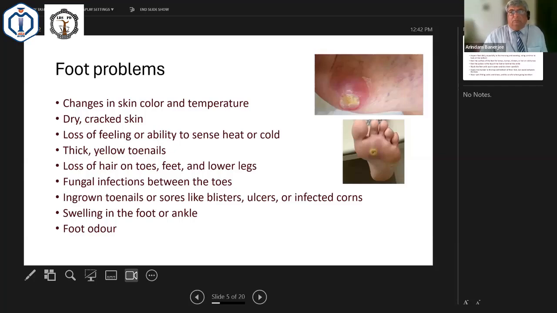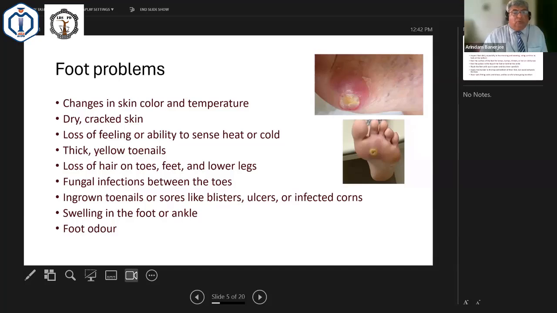This is very important because often we have patients we send for physiotherapy from our general orthopedic clinic. If we know that they have diabetes, we have to be careful they don't get burnt while doing a wax bath or taking some kind of heat. Often we see thick yellow toenails, loss of hair on the toes, feet, lower legs, fungal infections, ingrowing toenails, blisters, ulcers, infected corns.